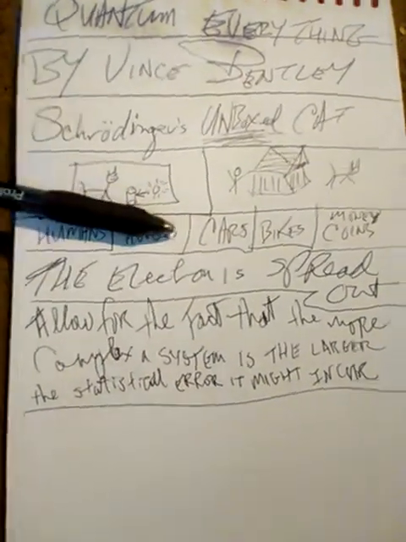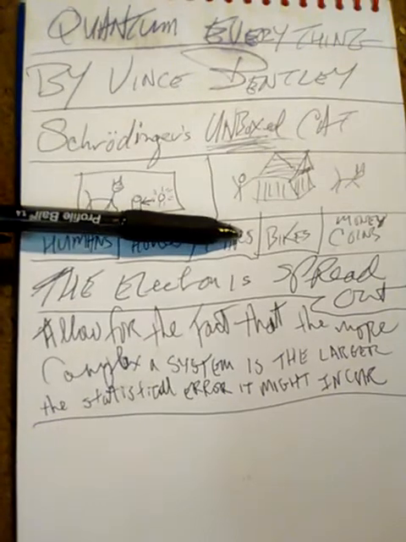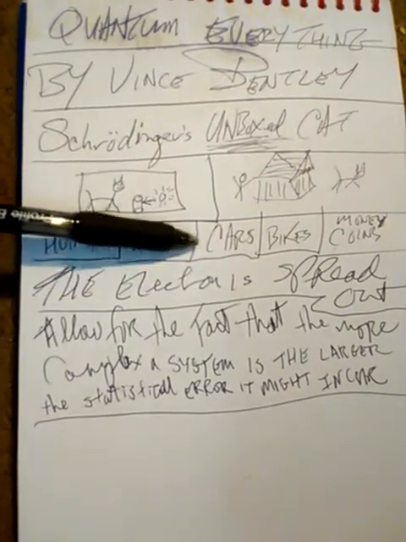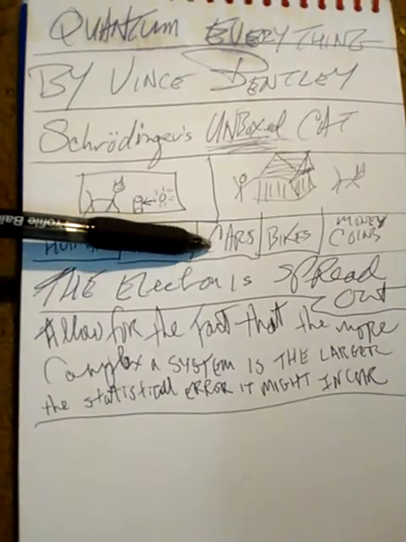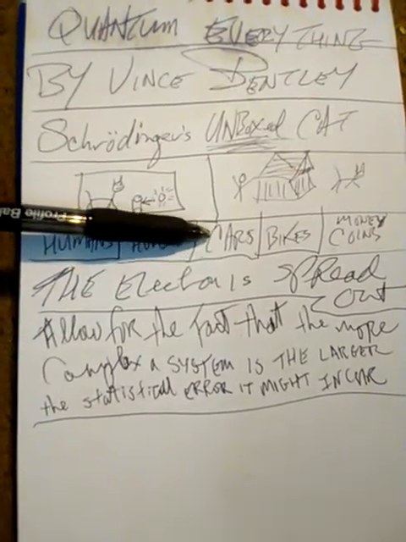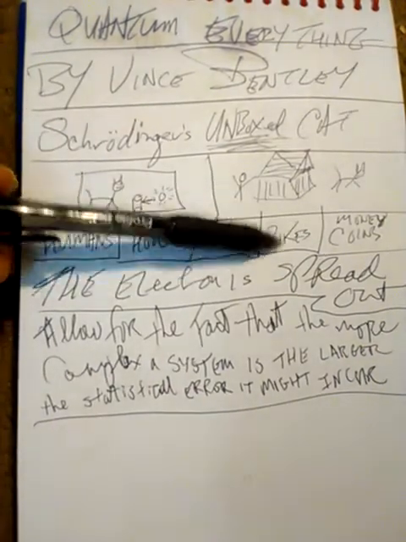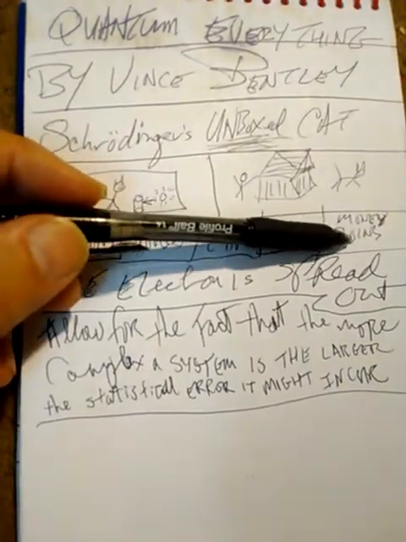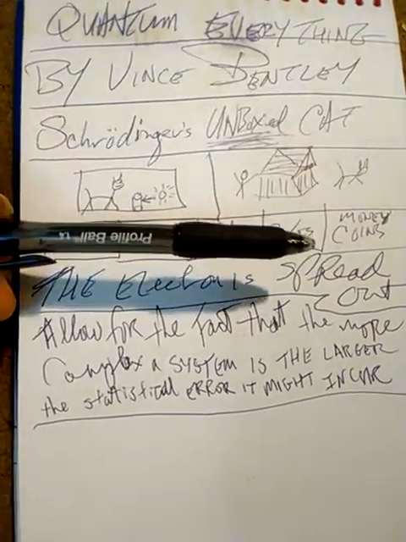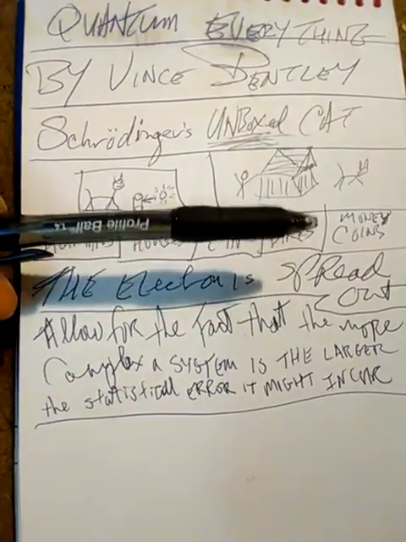Houses are quantized. Cars are quantized. There's not 1.5 cars. Oh yeah, there are: tandem bikes. Well, that's fine, but most bikes are quantized. Even a tandem bike is one bicycle. Money is quantized for sure. There's not 1.1 cents, there's 1 cent or 5 cents.